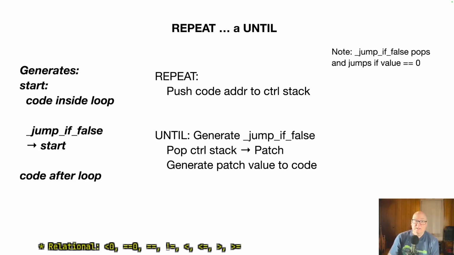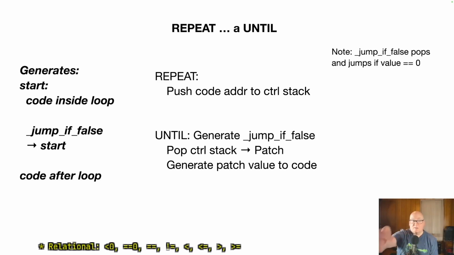With a repeat until, you run through code until the repeat is where you come back to. So it's sort of like the start label on the left, then the code inside the loop, and then the until statement. For the start label, if you see the repeat keyword, you push the code address to the stack.